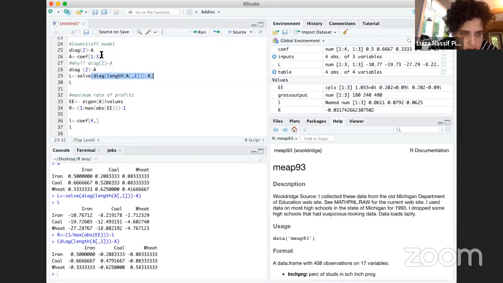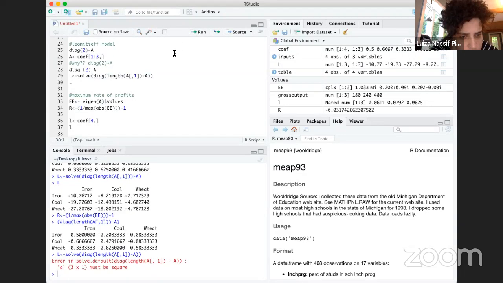I think you have a problem with the parentheses. Length, A, close. Yeah, so take a parenthesis out of there and put it at the end. Yeah, try that now. Must be squared.